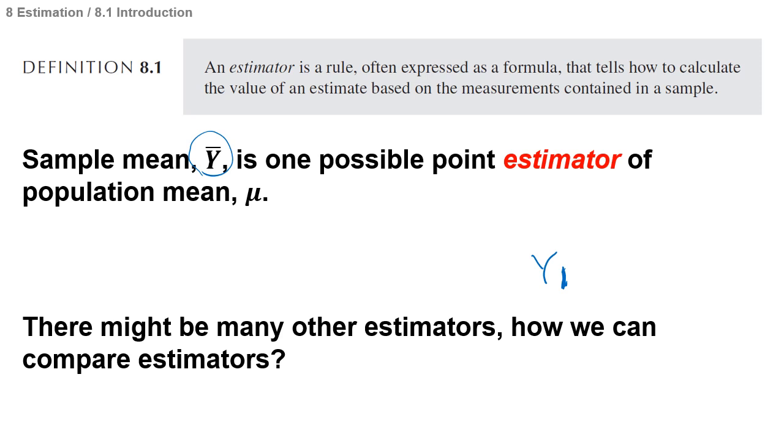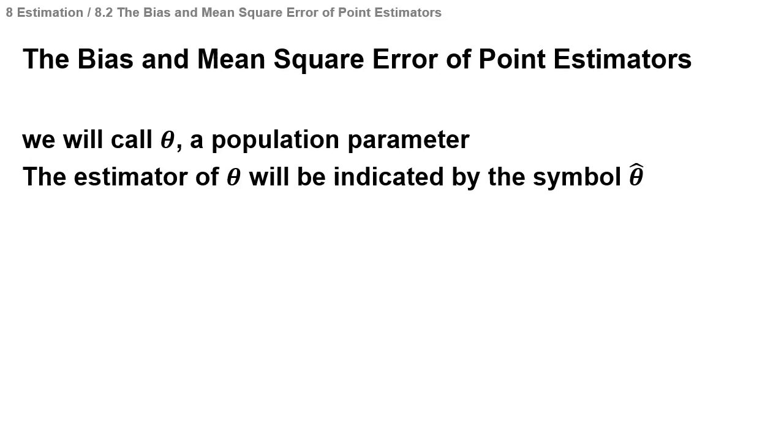How can we compare estimators? That's what we will cover in the following chapters. In chapter 8.2, we are going to learn how to compare estimators: the bias and mean square error, MSE, of point estimators.